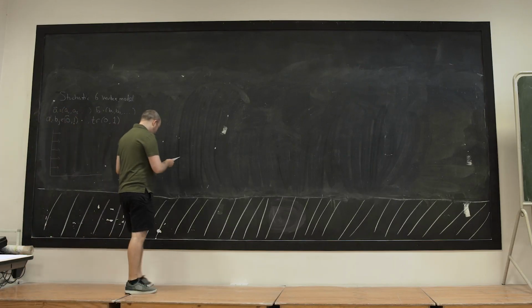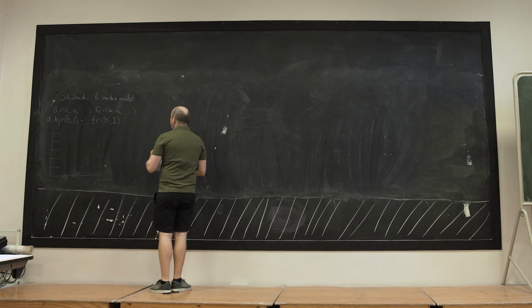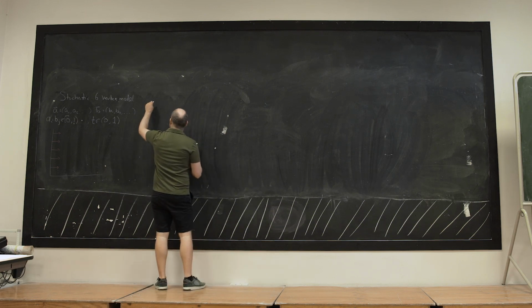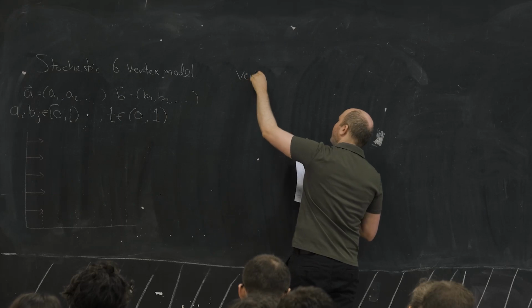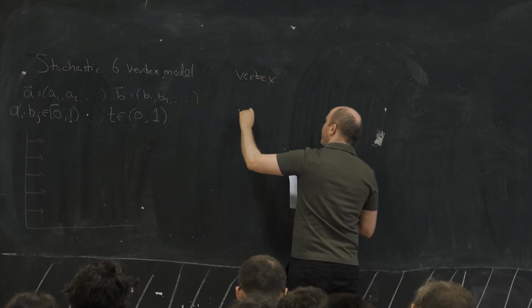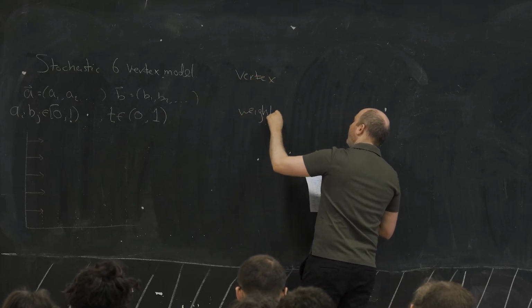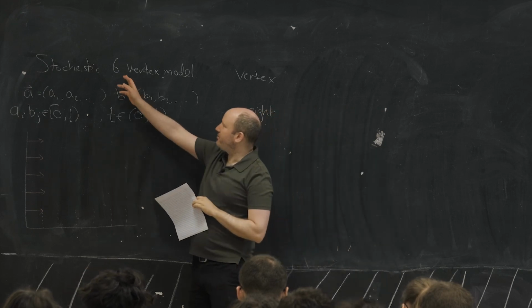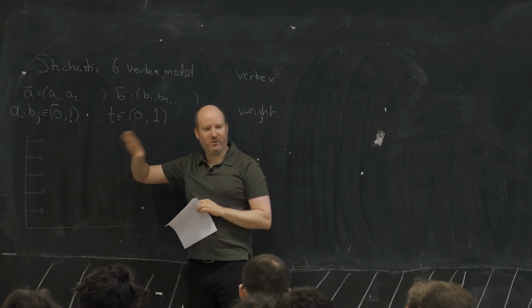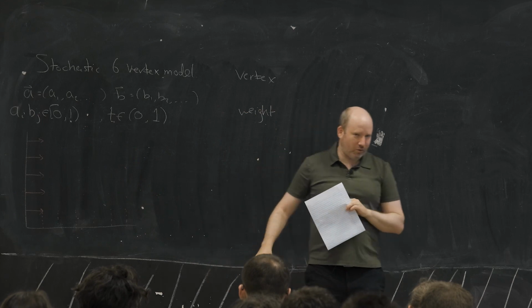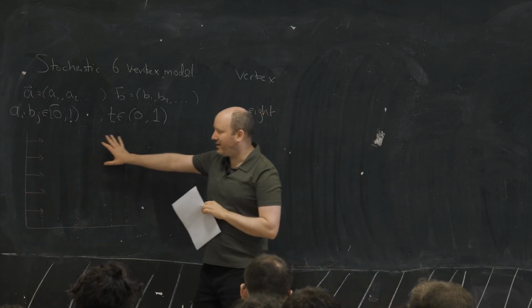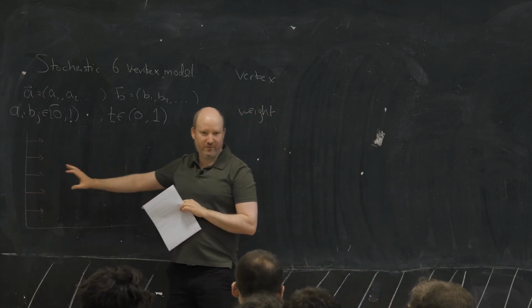Now, what do you do from here on out? Well, first of all, let me give you vertex weights. As the name suggests, there are 6 types of vertices in this model. What's really going to happen is we're going to have some sort of tiling model of vertices of different configurations.